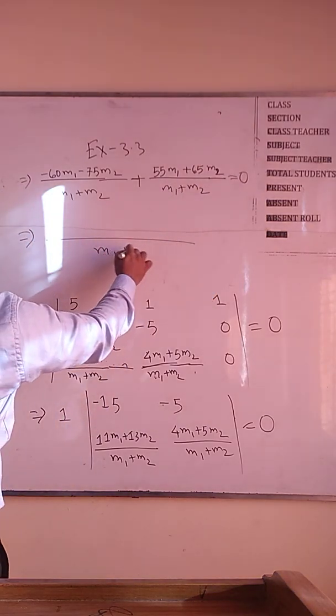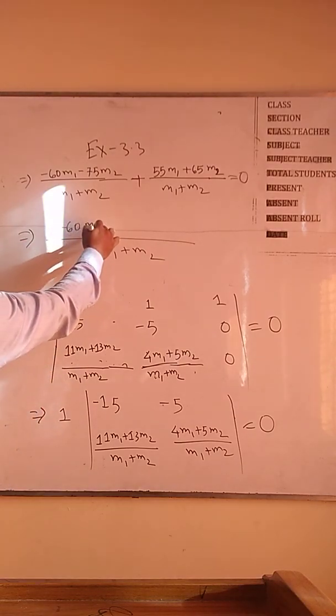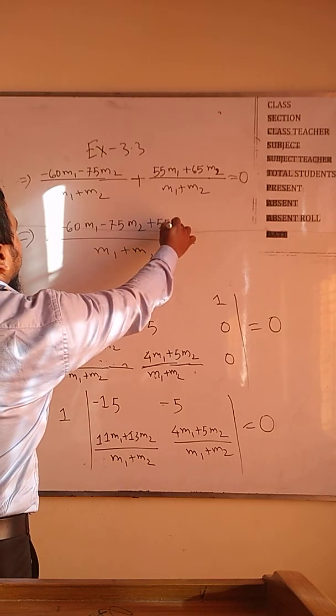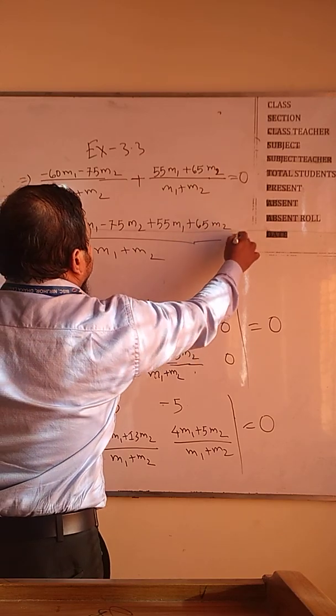If we take m1 plus m2 as an LCM, it is minus 60m1 minus 75m2 plus 55m1 plus 65m2 is equal to 0.